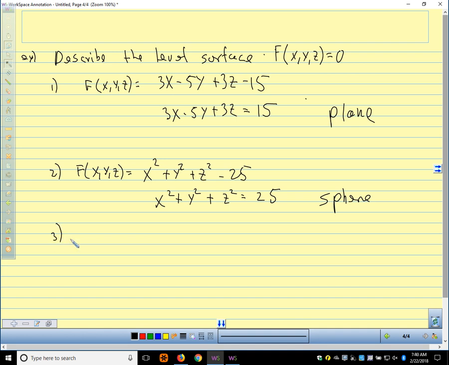The third one, how about f of x, y, z is 4x squared plus 9y squared minus 4z squared, and that's our function.